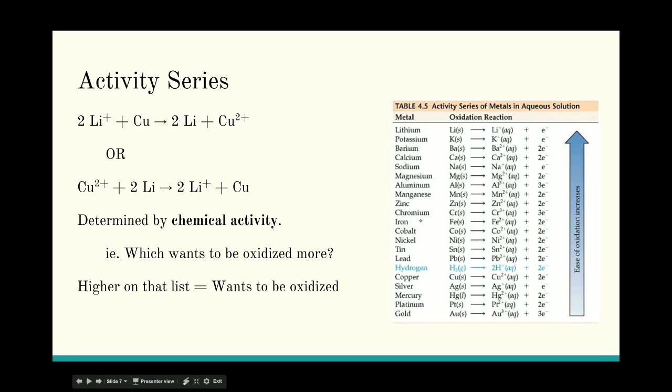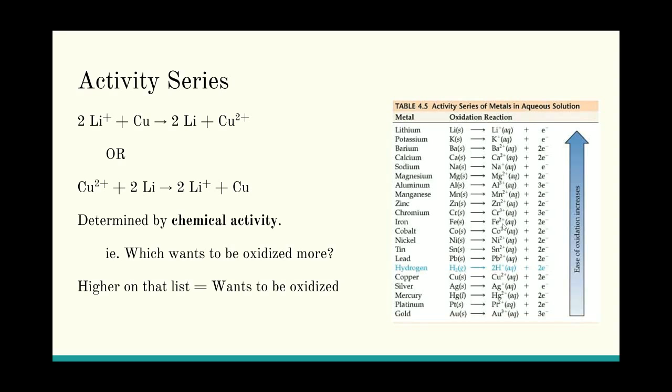So that means that for this particular list, it's not a very big list, it's not a very comprehensive list, magnesium going to magnesium 2 plus is higher in activity than iron going to iron 2 plus. So notice that the iron in this case is going to iron 2 plus, not to iron 3 plus. Iron going to 2 plus and iron going to 3 plus are two entirely different half reactions. They have different activities.